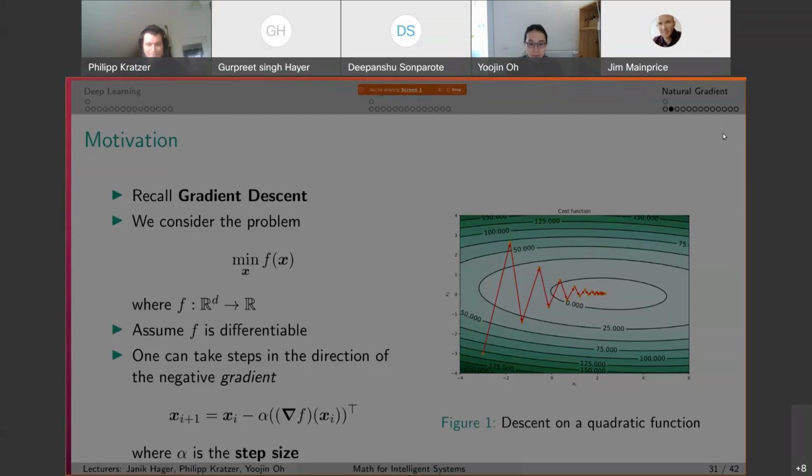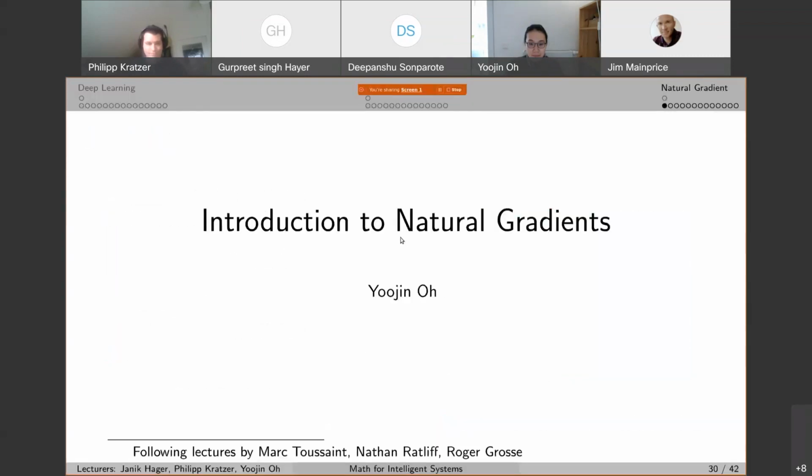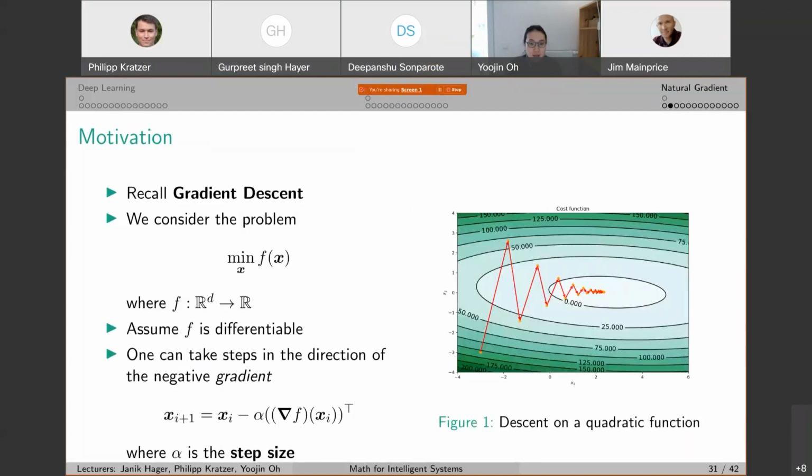Okay. So, hi everyone, my name is Eugen, and I'll be introducing you to natural gradients. Let's first start with gradient descent. We have a problem where we want to find a local minimum, or optimistically a global minimum, of a function. This function can map a multi-dimensional input to a single number, for instance a potential function or a cost function in a robotics problem.